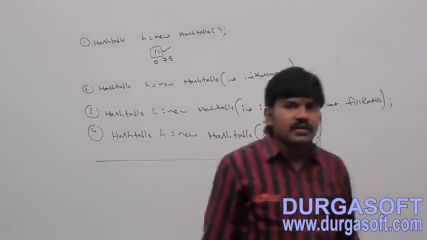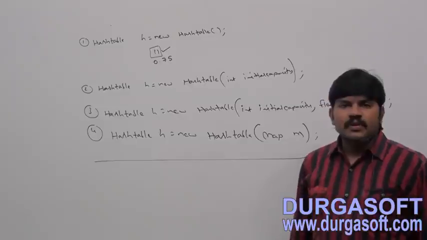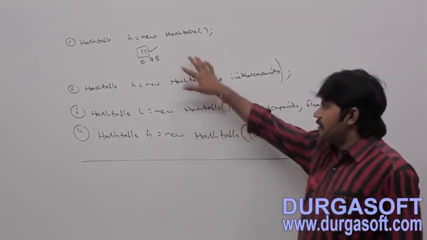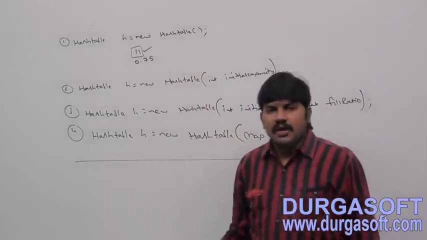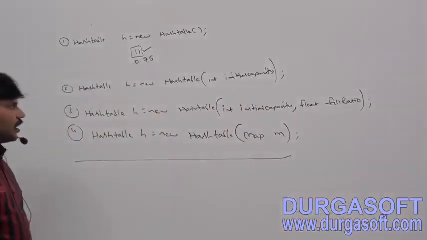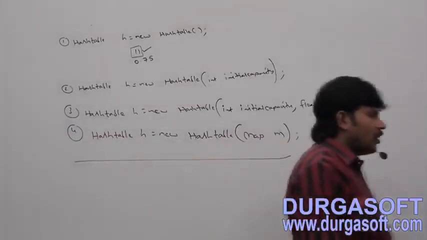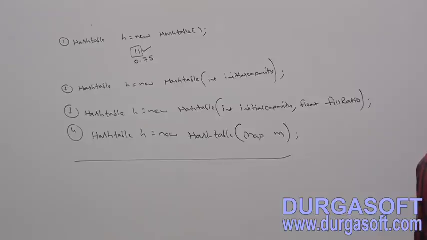Like second one, hash table h is equal to new hash table of int initial capacity.